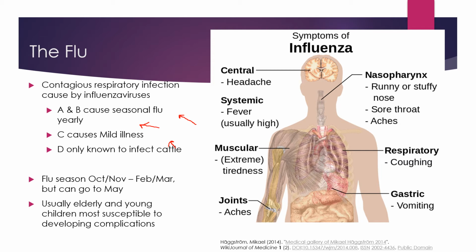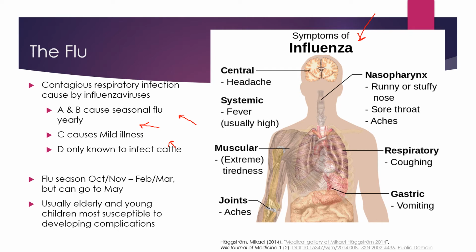The signs and symptoms of influenza infection include headaches, fever, fatigue, achy joints, runny or stuffy nose, coughing, and it may include vomiting. This means that although the virus infects the epithelial cells of the respiratory system, its effects can extend to multiple body systems.